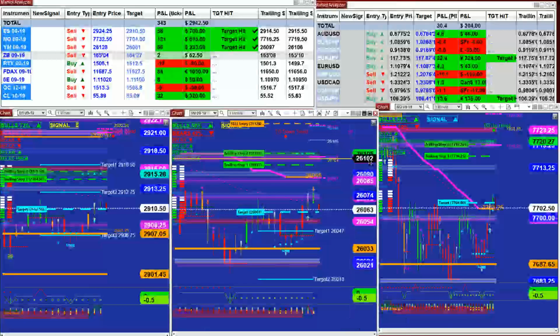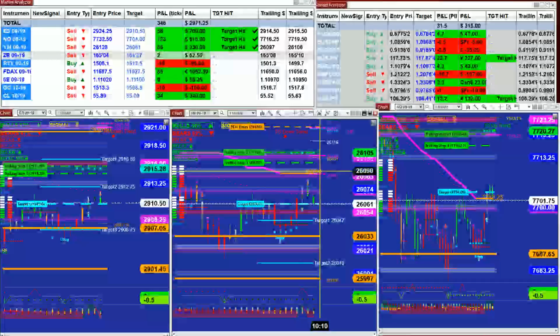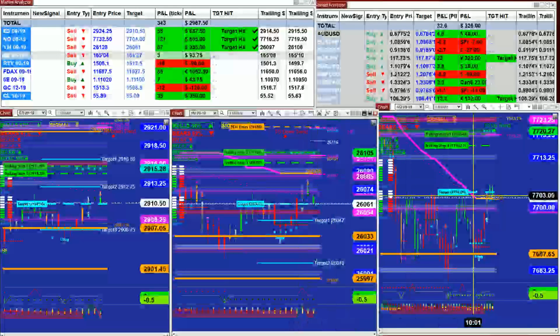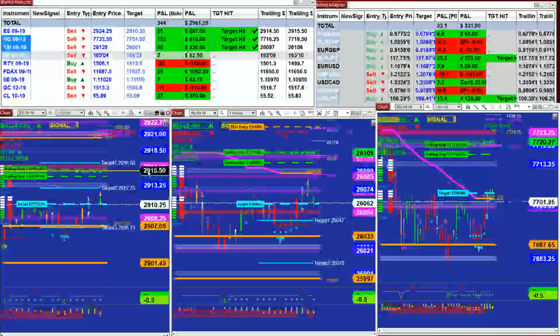So what we are waiting on is for those levels to break and confirm the long trade. We still have a bit of a long way to go on those.